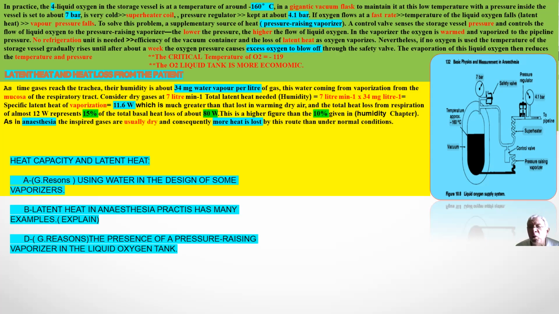Now we come to the effect of humidification of dry gases whenever they reach the human being. Normally we need 34 milligrams of water vapor for each liter whenever these gases reach the upper airway. Normally this happens, but this amount is taken from the mucous membrane. If too much is taken from the mucous membranes, it will cause hypothermia, which will affect, of course, the small baby. So this is why we ought to humidify the gases.